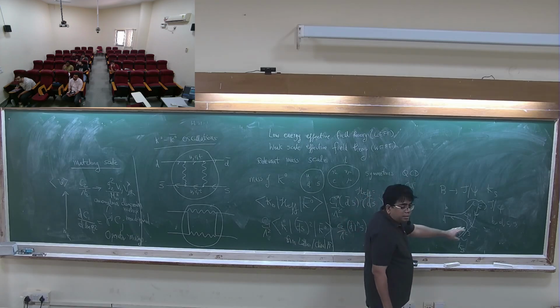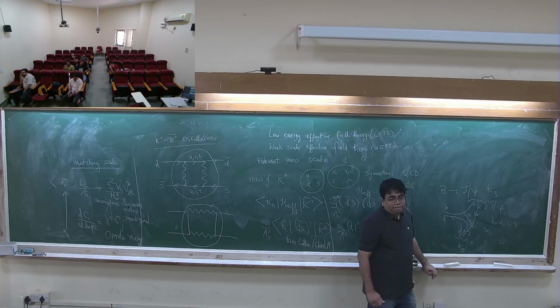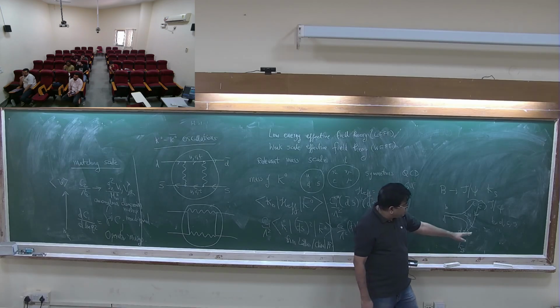So let's assume these are your degrees of freedom. These are the only things. Now then, could there be some gluon contributions which could lead to this decay? This is a weak process, right? Can you draw a diagram with a gluon? B meson decay with a gluon.